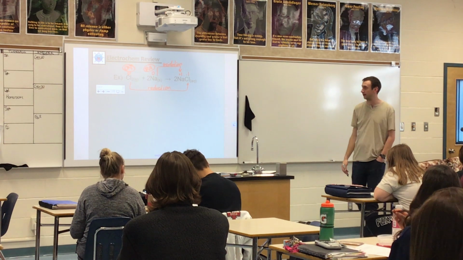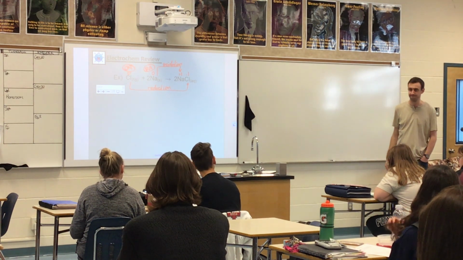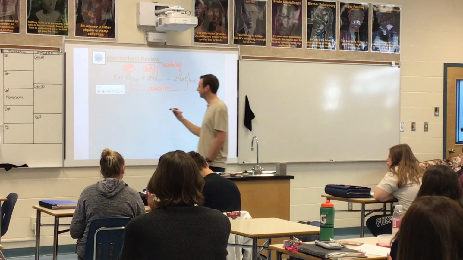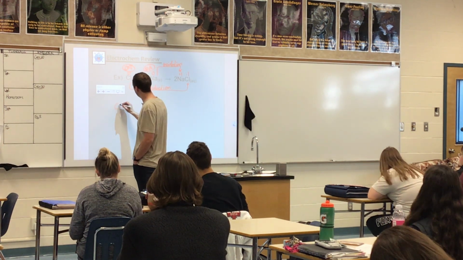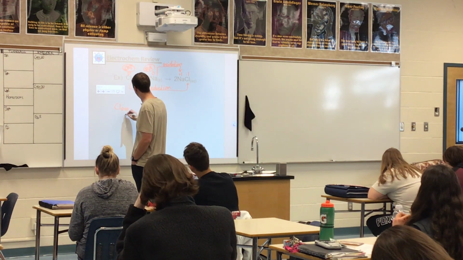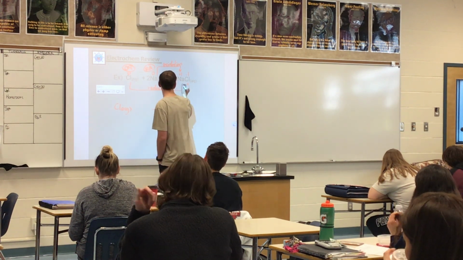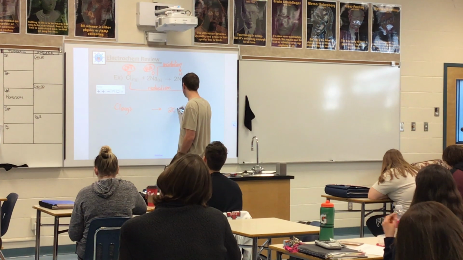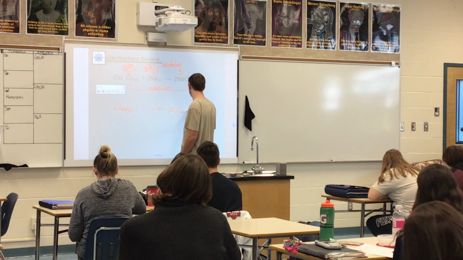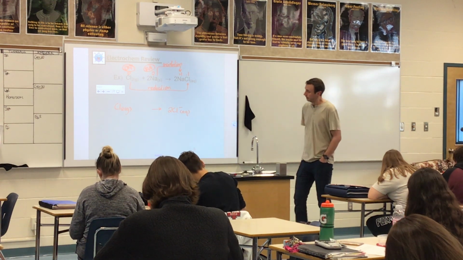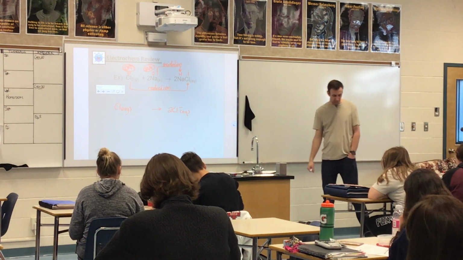So now how'd the half reactions go? So let's do chlorine first. I have Cl2 gas. I think the best way to go about this is to draw the arrow and draw what it's making, which is 2Cl minus aqueous. I'm getting 2 chloride ions from that chlorine. Now I need to make sure the charge works out.